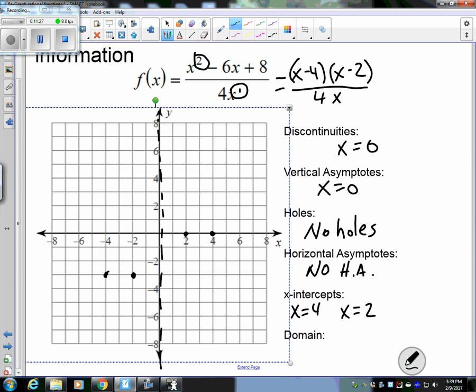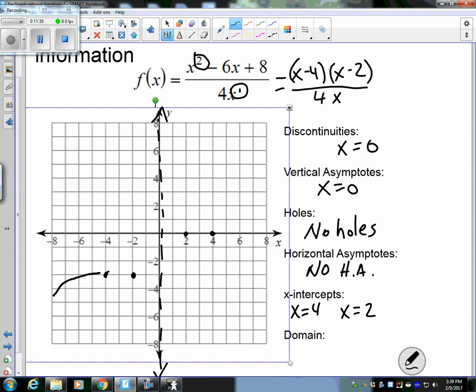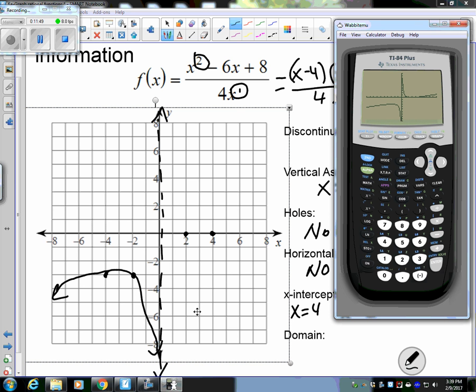Graphs are not perfect, but they should be pretty close, at least going through the coordinates that are given. So there, comes down. When you draw this on your own paper, it's going to be a lot better. I'm using a tablet here, so it's a little harder for me to draw. Just don't cross over your asymptotes.